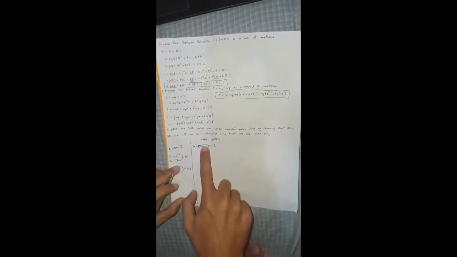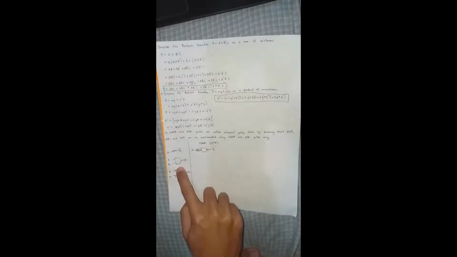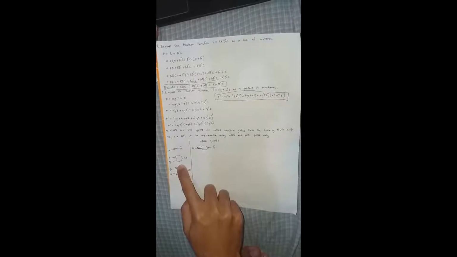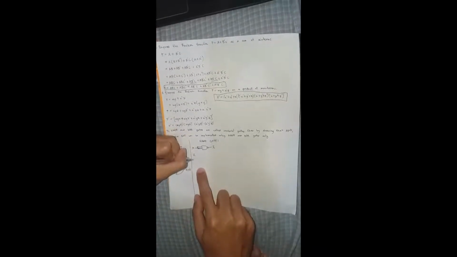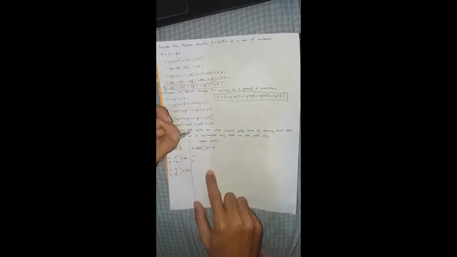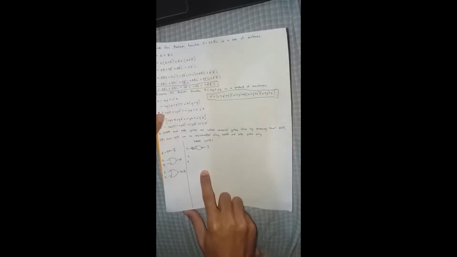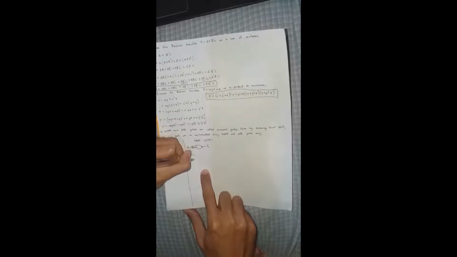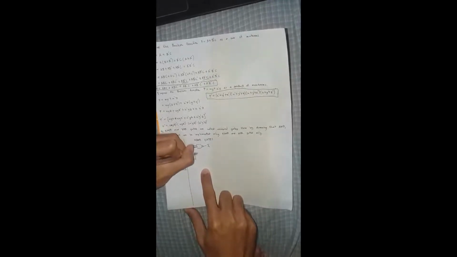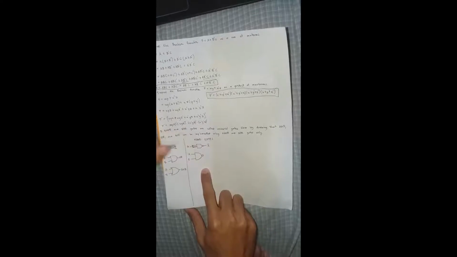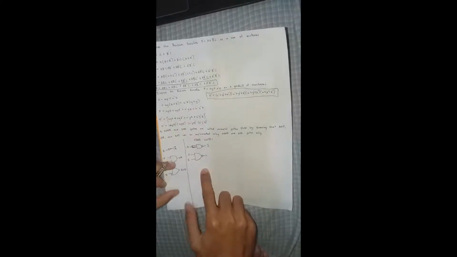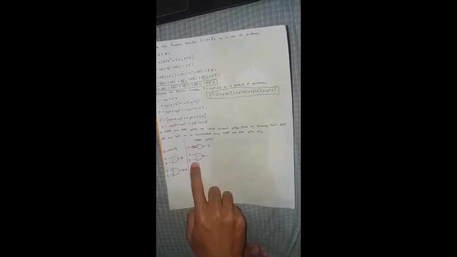Next, we're gonna use NAND gates to implement an AND gate. Here, again, we're gonna use 2 inputs A, B. These 2 inputs are fed into a NAND gate. Observe the result of this one.